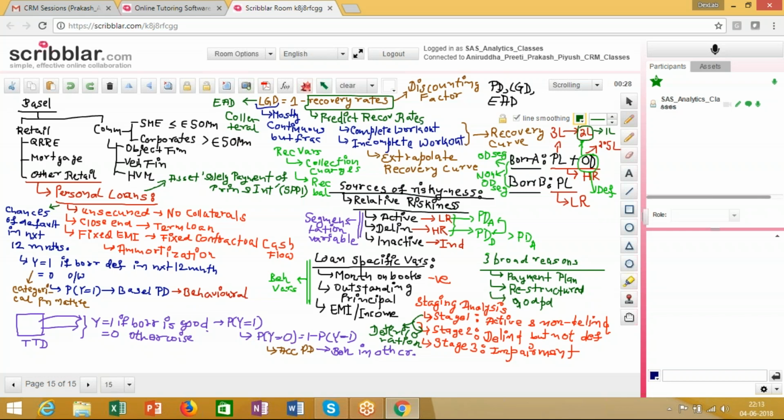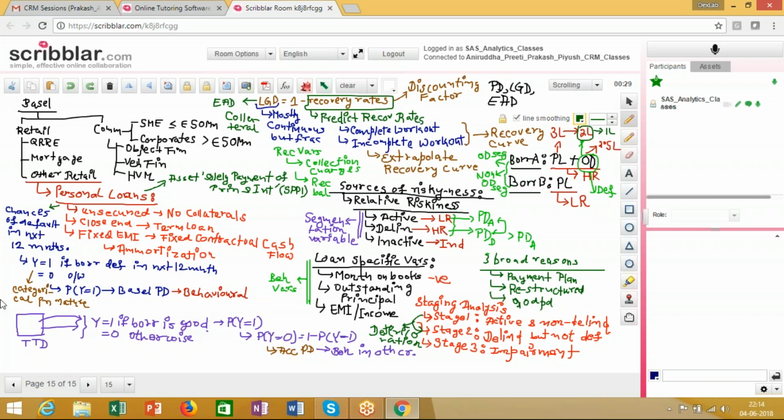So what you need to do is assess a significant credit deterioration. Now if there is a significant credit deterioration, you will compute the lifetime expected losses. And if the account has not gone through a significant credit deterioration, then you just compute the next 12-month expected losses.